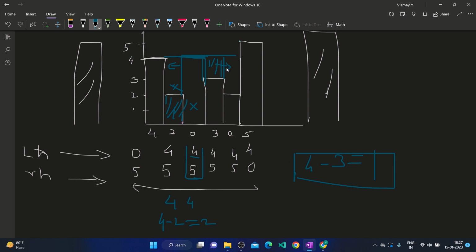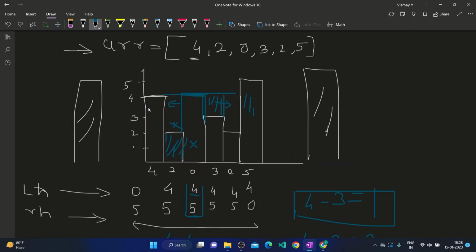And here it would be 2, because the minimum is 4 and the height of the building is 2. Now for this first building, the minimum among the left and right bar is 0, which is this left bar.